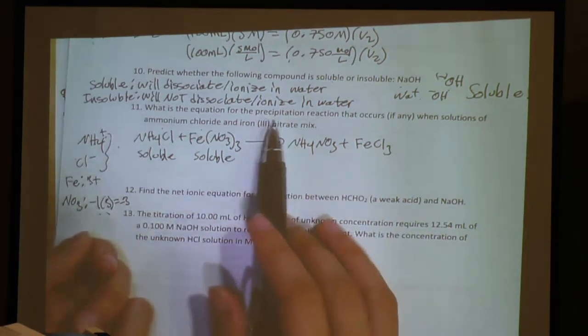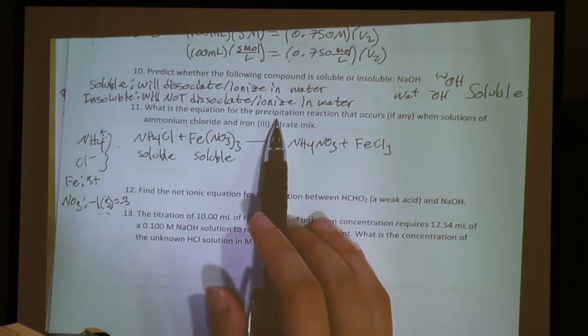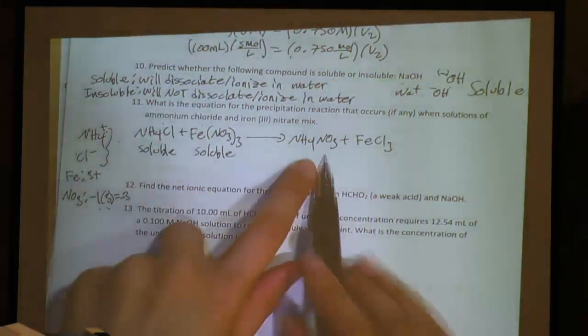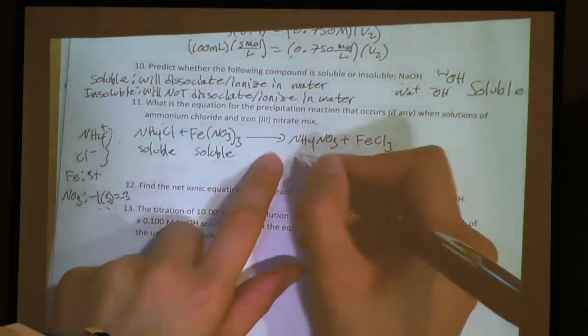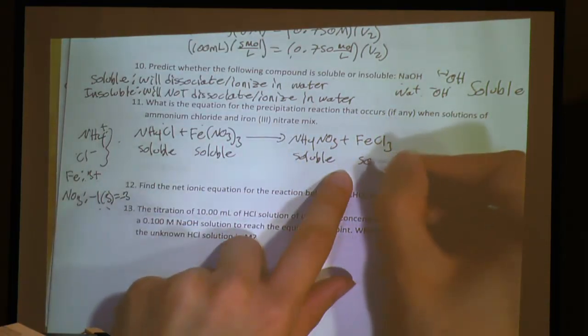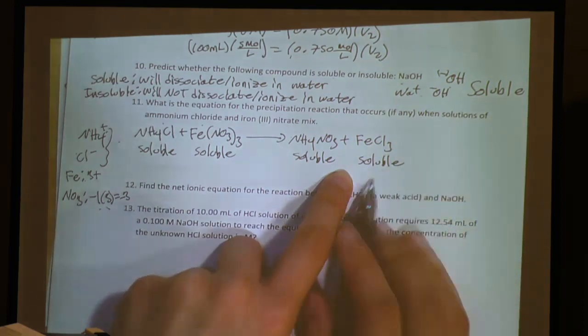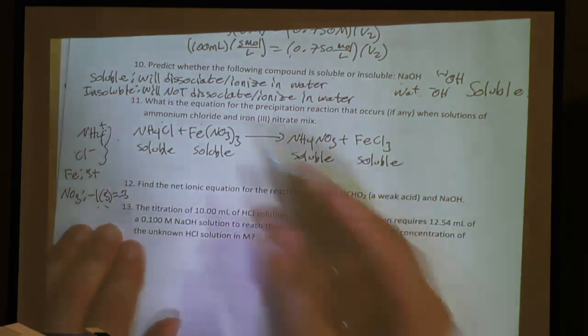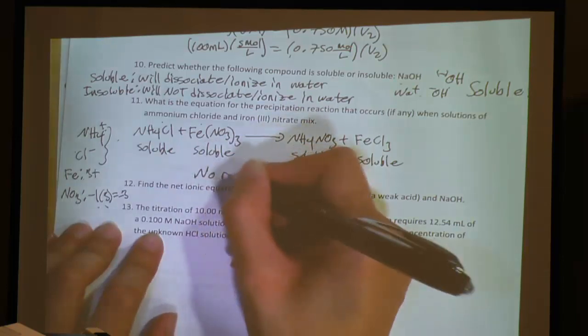A precipitate means that we form something that is insoluble, something that will precipitate. So anything with NH4 is soluble, like we said. And then this compound right here, based on the solubility rules table, is also soluble. So because we did not form a precipitate, we're not going to have a reaction.